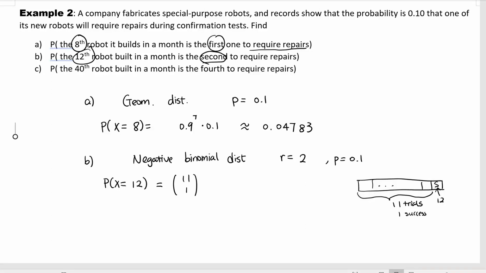What's the total number of successes? 2. What's the total number of failures? Well, 12 trials, 2 successes, so 10 failures. So 11 choose 1 is 11 times 0.1 squared times 0.9 to the 10. So our answer is approximately equal to 0.03835. Do you have the same answer?